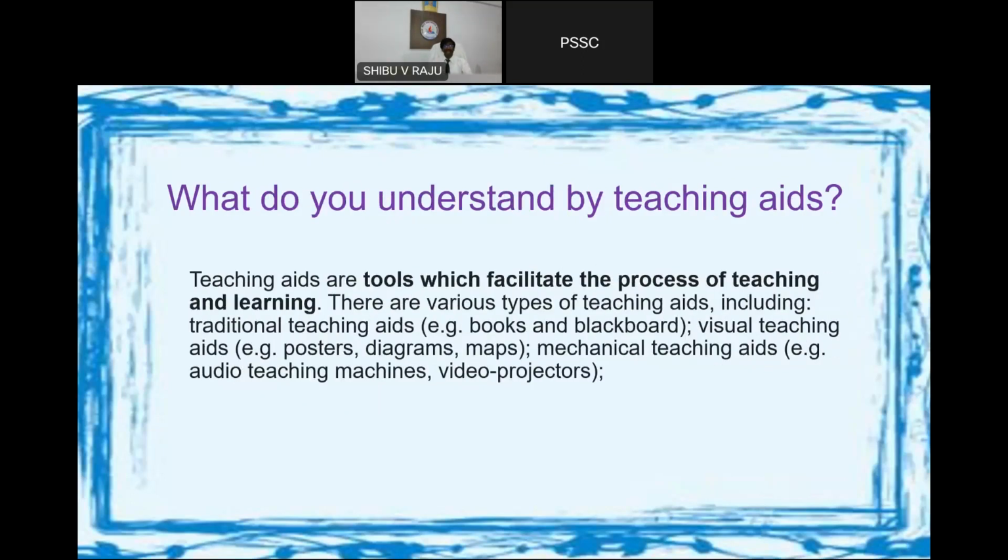Teaching aids are tools which facilitate the process of teaching and learning. There are various types of teaching aids, including traditional teaching aids and mechanical teaching aids, as I said. That one comes under visual, another comes under traditional.